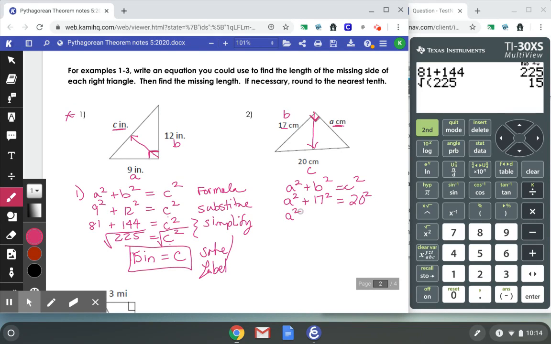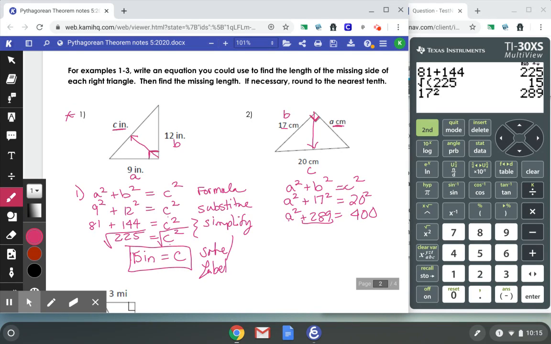Can't do anything to A squared. 17 squared is 289. 20 squared is 400. Now remember, your goal is to get the variable alone. So in this case, I have to get rid of this plus 289 first.